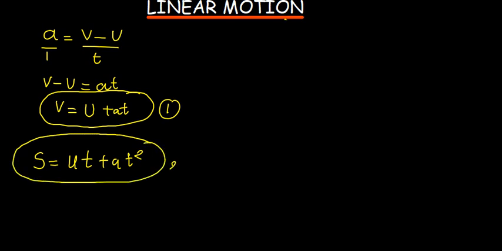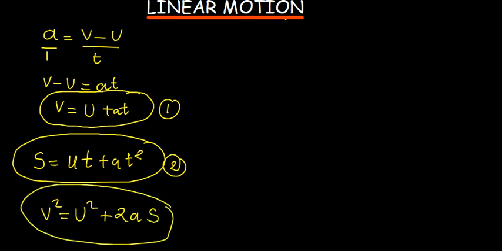This is the second equation you need to know. And then the last one you need to know is final velocity squared is given by initial velocity squared plus 2 acceleration times distance. So these three equations are very, very important when you're talking about linear motion.